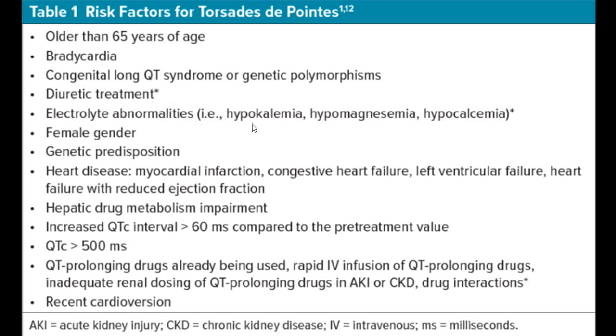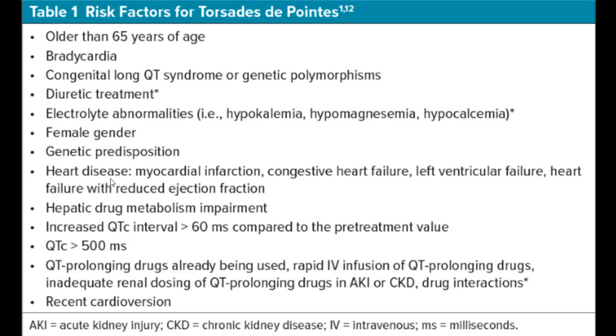Some electrolyte imbalance, particularly hypokalemia, hypomagnesemia, hypocalcemia, more common with hypomagnesemia and hypokalemia rather than hypocalcemia, more common in female as compared to male. Genetic predisposition, because sometimes it is a congenital long QT syndrome.